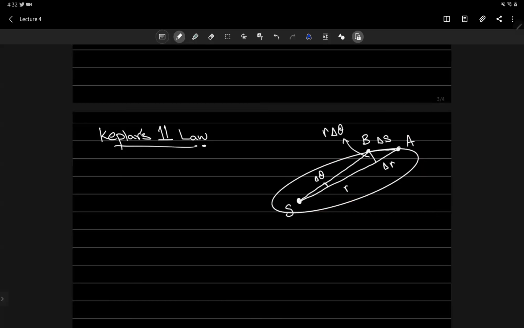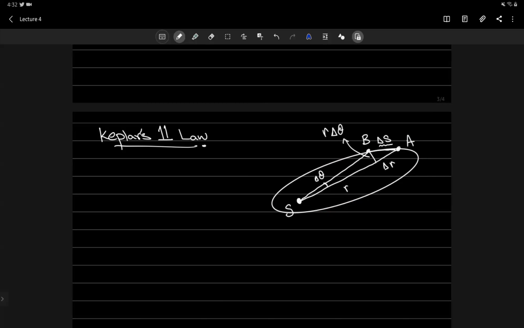So what we are doing here is considering a planet, and it travels from point A to point B, and the distance that it travels is this delta S, right? Of course, in some time delta t.